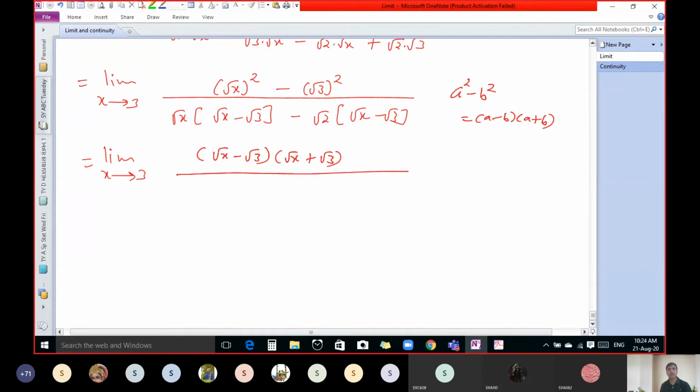Okay. Yes. Now take common. Once again, see, this is common, so take it outside. So what do we get? Root x minus root 3 in one bracket, and in another bracket root x minus root 2.